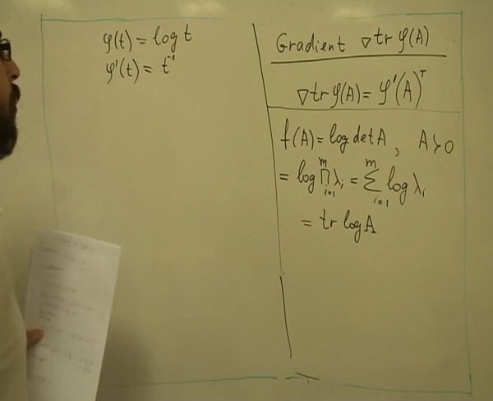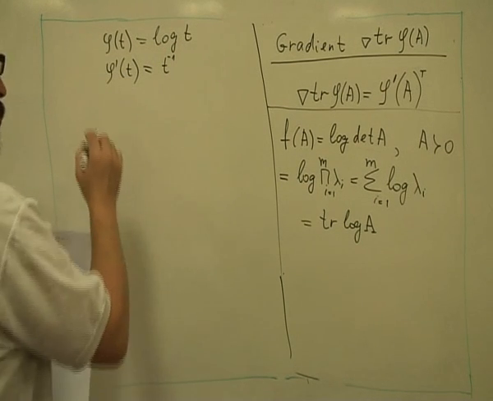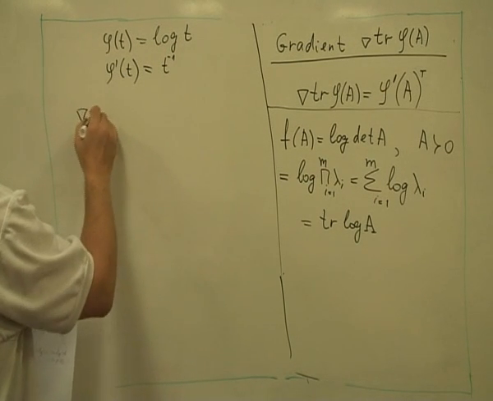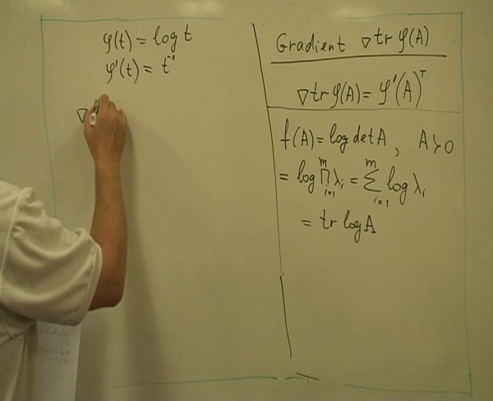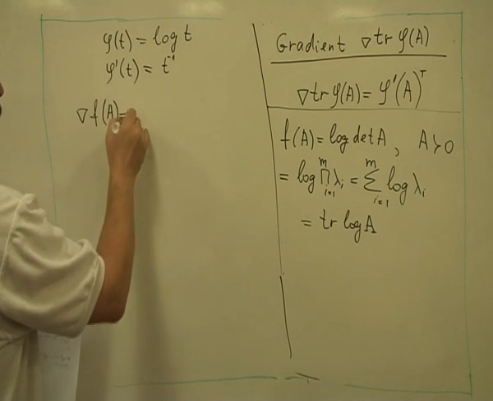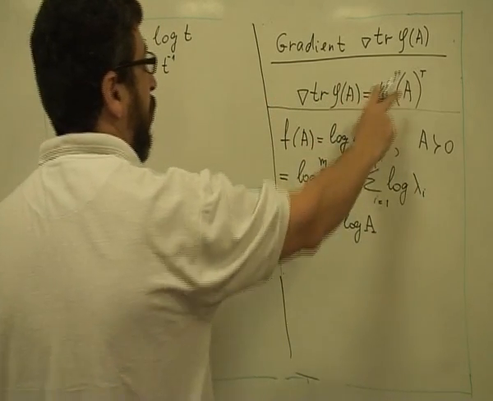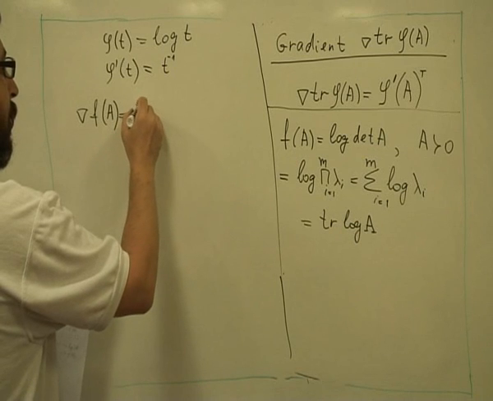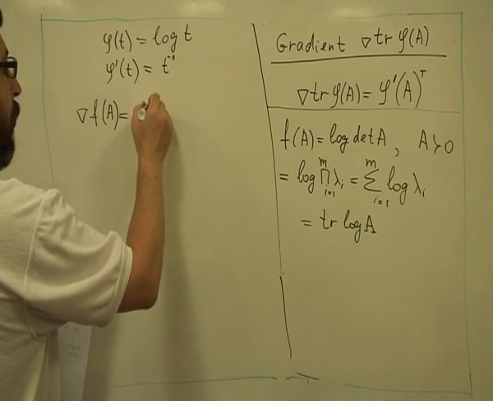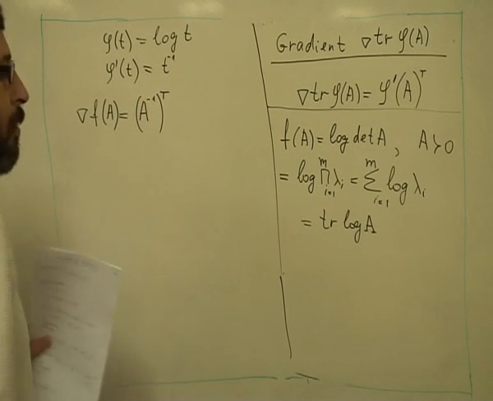So the gradient of f of A will be phi prime of A transpose, A inverse transpose.